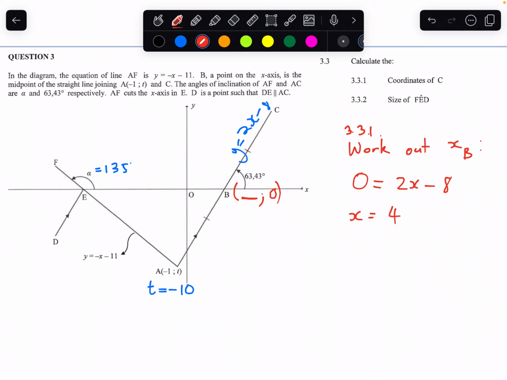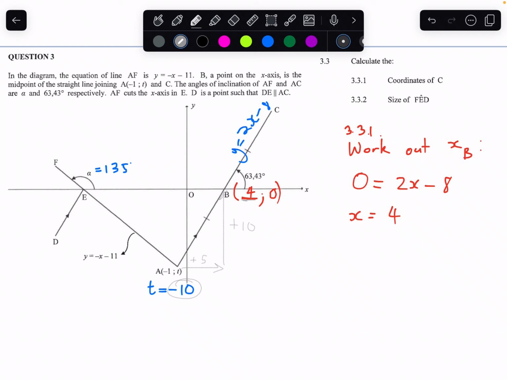So that means the coordinates of B are 4 and 0. Okay, so now to go from point A to B, we need to go across by 5 units, from -1 to +4. And then we need to go up from -10 to 0. So we go up 10 units.